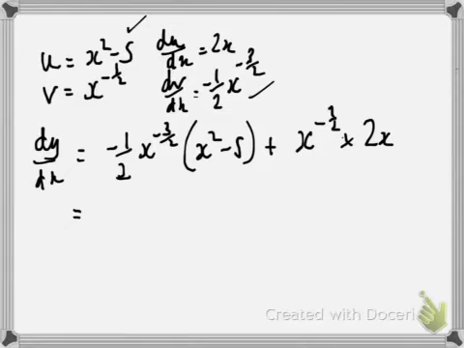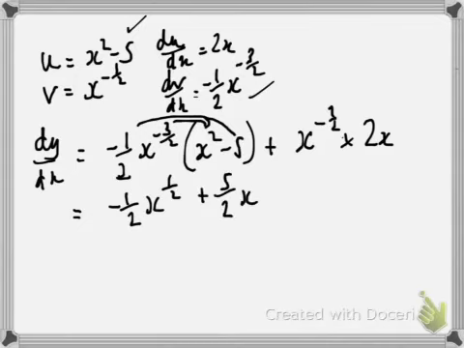Now, when we are multiplying with indices, we add them, so we get negative a half x to the power of negative 3 on 2 times 2 is a half. And then if we multiply by the negative 5, we get negative times the negative is a positive. We get plus 5 on 2, x to the power of negative 3 on 2.